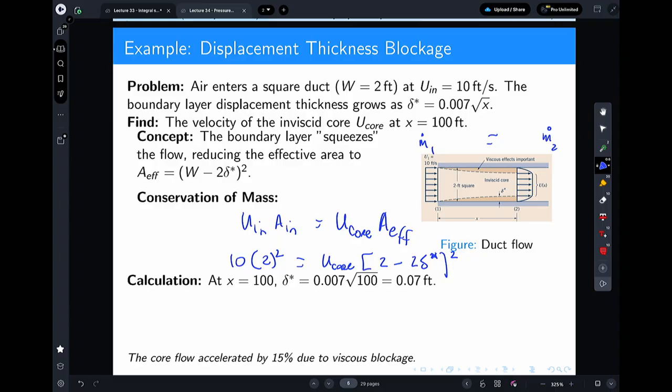So it's the effective shoving of the fluid away. In that case, the effective area is now a core region that's going to be 2 feet minus 2 times delta star. So you're essentially looking at a smaller cross-sectional area, and you see that when you look at the inviscid core and those dashed lines as you're going through.